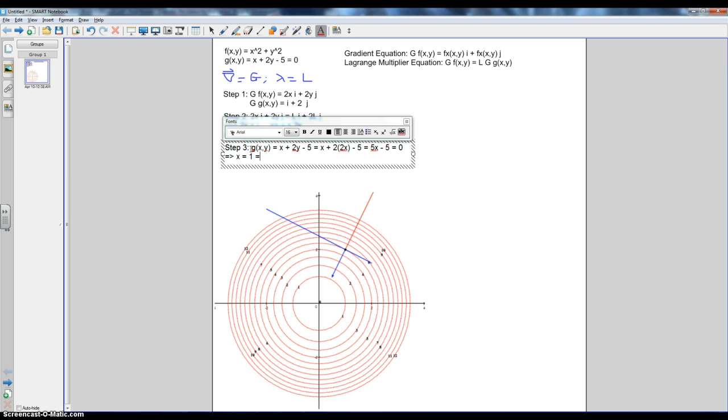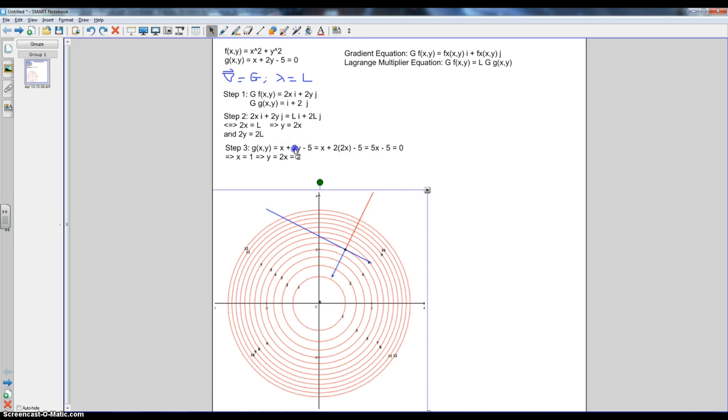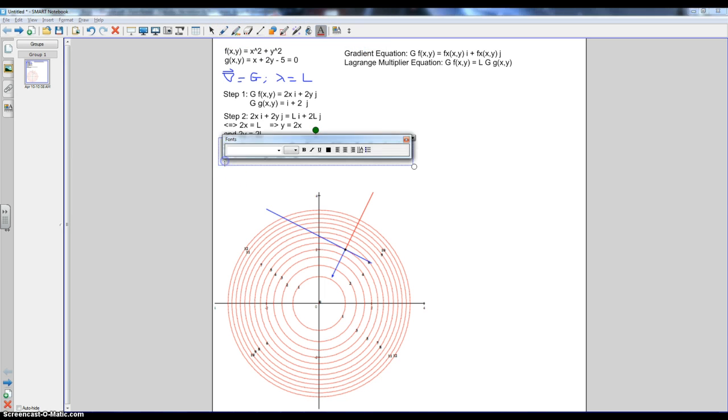When x equals 1, y equals 2x equals 2. So after step 3, we can say the Lagrange point is (1, 2), and we replace that point into the function f. f(1,2) equals 1 squared plus 2 squared equals 5.